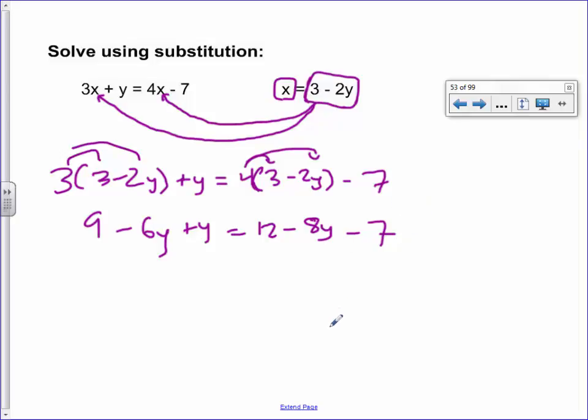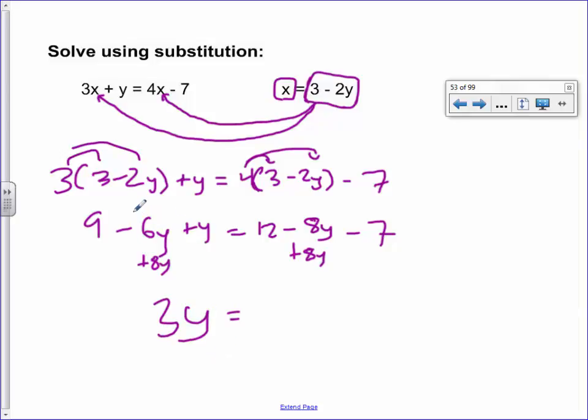So let's put the y's on the left. If I add 8y to both sides, you would have 2y on the left. Let's put all of our numbers, oh wait, no. Oh, I missed one, didn't I? 3y. Oops.